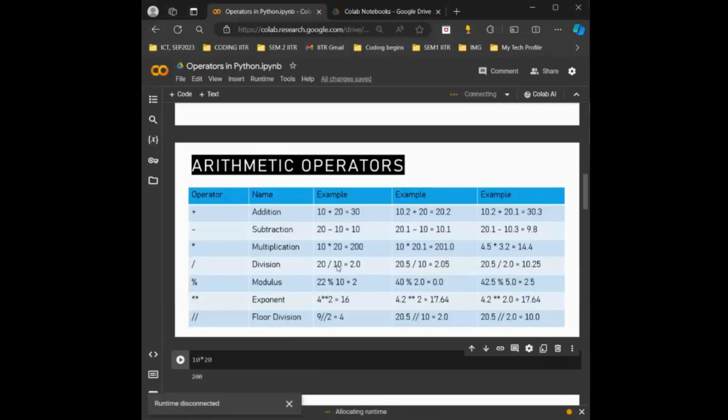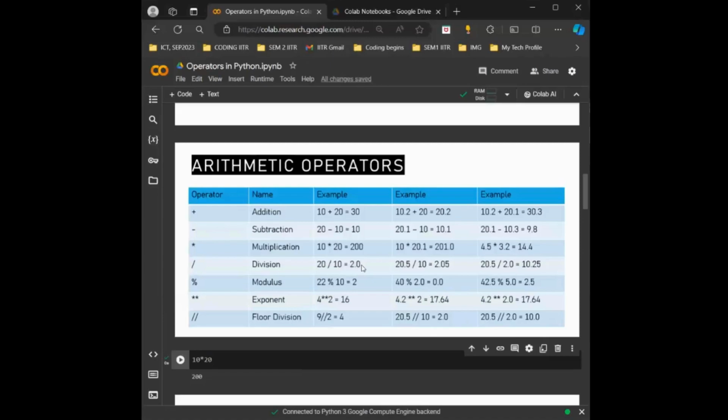Now a little change. 20 and 10 both are integer numeric values, but the result is float. Division symbol always returns the quotient. And when it returns the quotient, it always returns the quotient as a float value, whether the numbers we are dividing are integer numbers or float numbers, or either of the numbers is integer, doesn't matter.